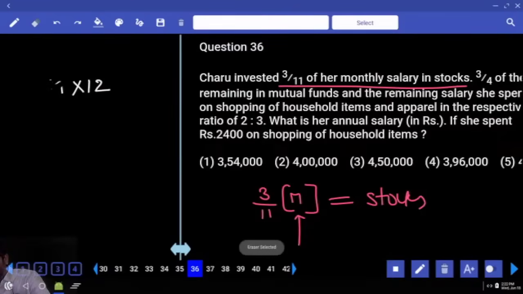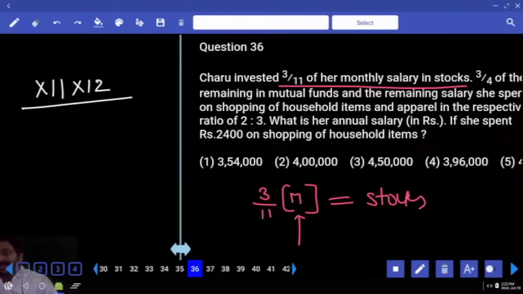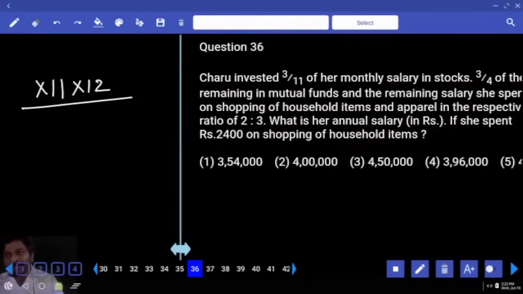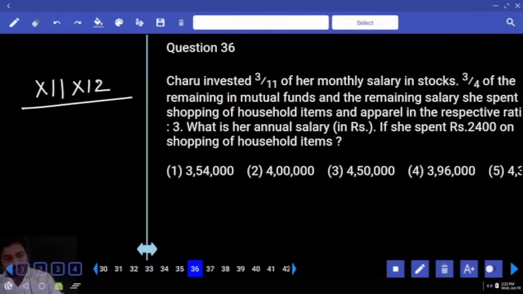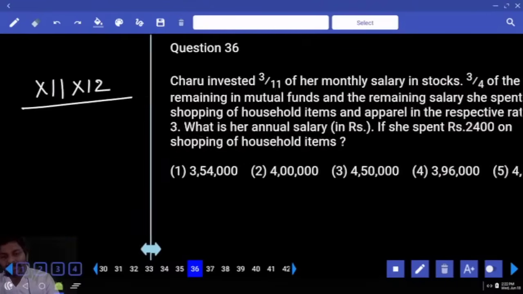Then your monthly salary should be a multiple of 11, correct? And the final answer will be a multiple of 11 as well as a multiple of 12. Agreed? Next. Can it be the first option? Second? Third? What is it that you are verifying? 11 multiple. Fourth option? Fifth option? Done.